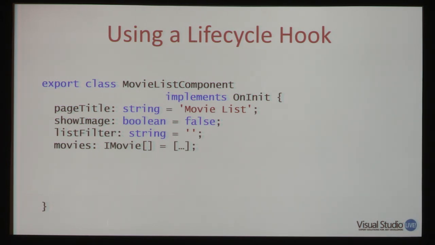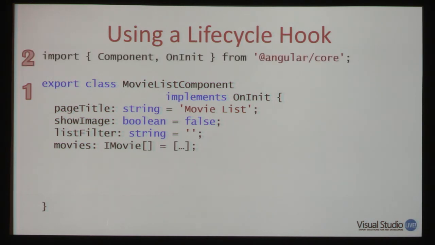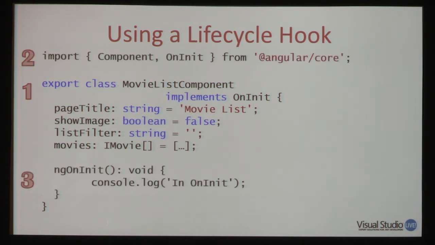So they have one method in their interface. You implement OnInit, and then of course you need the imports for it. And then here is the method, ngOnInit. The convention is that if the interface is OnInit, the method name is ngOnInit. And that is the method that you implement. We're all familiar with interfaces, yeah? Yes, roared the crowd.